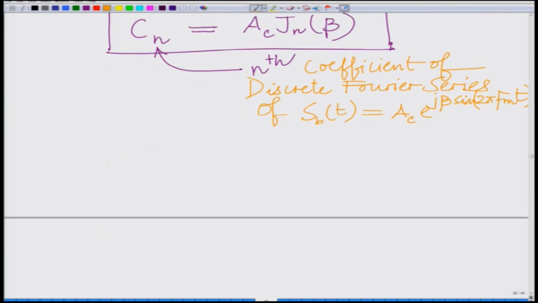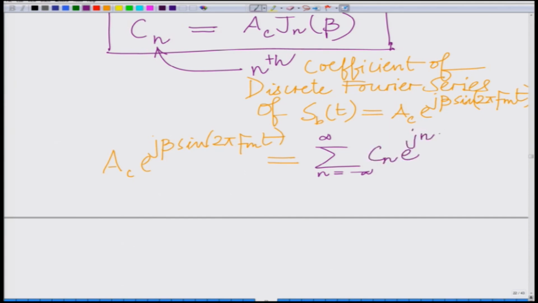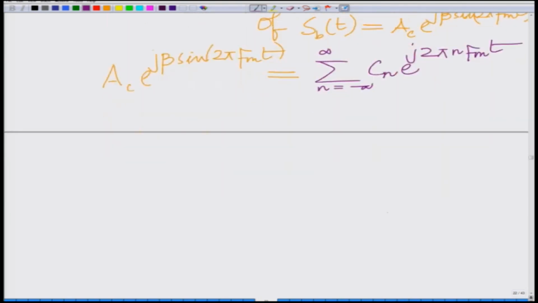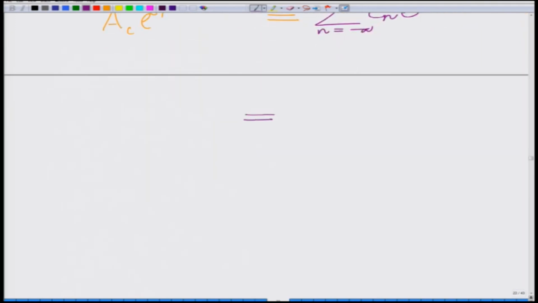Now, therefore, I can write the expression for e to the power of j beta sin 2 pi fm t. We have already seen this is the summation n equal to minus infinity to infinity of Cn e raised to the power of j 2 pi n fm t. Now, substitute for the expression of Cn.